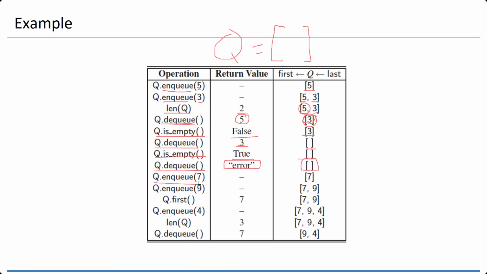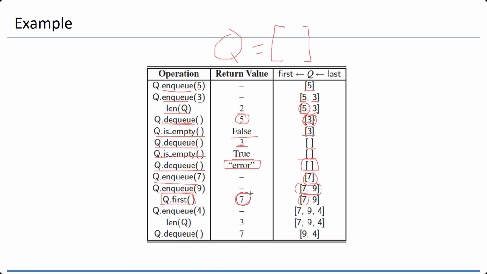Enqueue. It means I'm going to put a new item in the list. So I have enqueue 7. I have enqueue 9. So I have another item at the end of the list. I'm going to check what is the first item. The first item is 7.